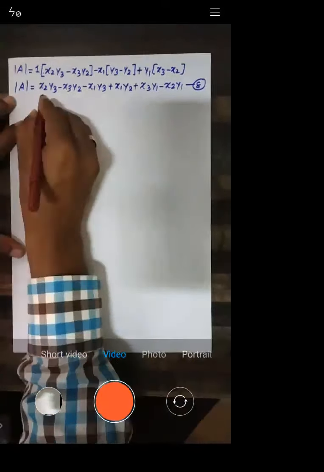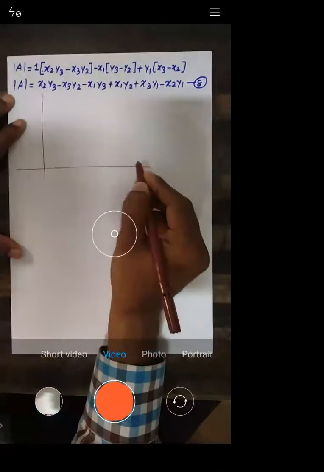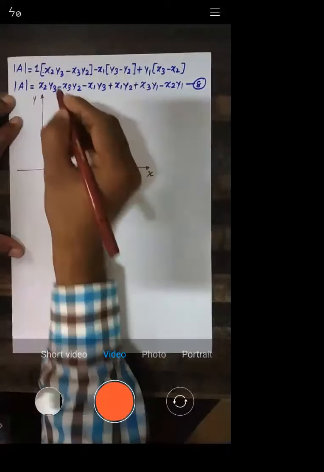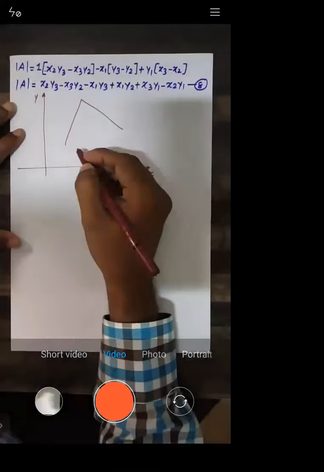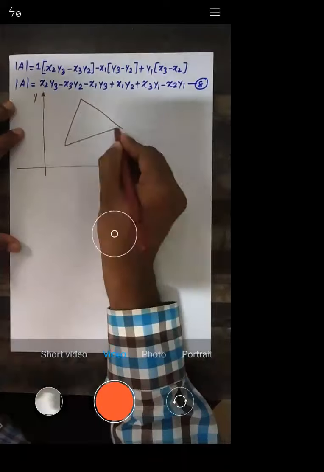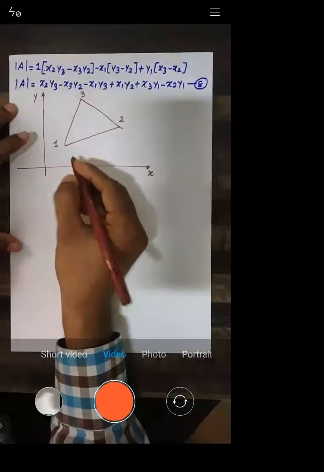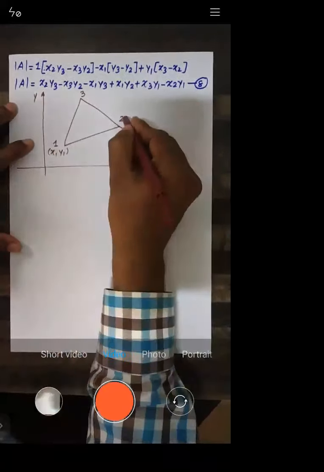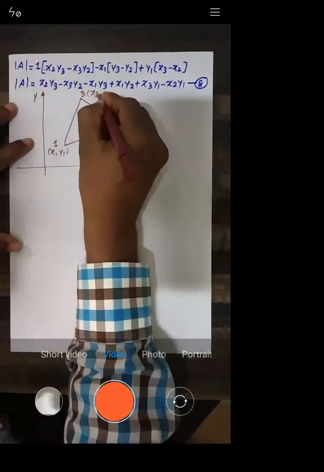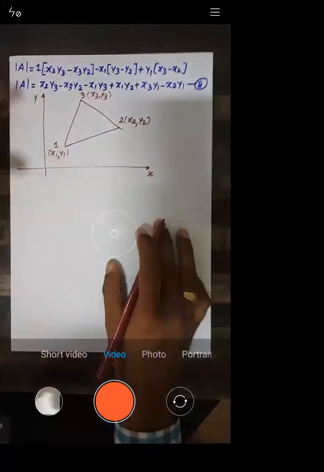Let us consider this x coordinate and this y coordinate, inside which we have this triangle with node number 1, node number 2, node number 3, having the coordinates x1, y1, x2, y2, and x3, y3.